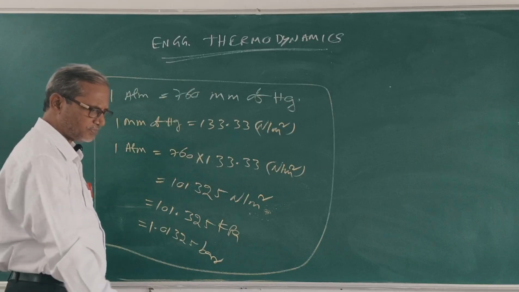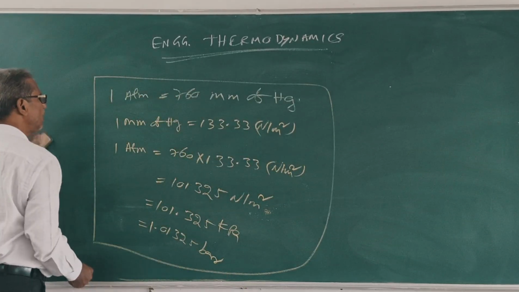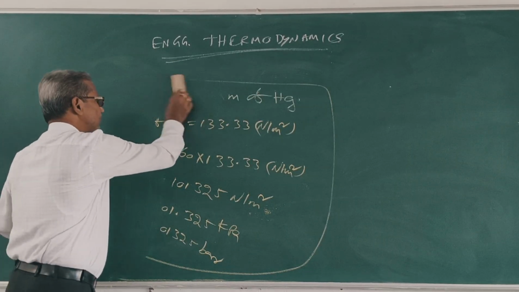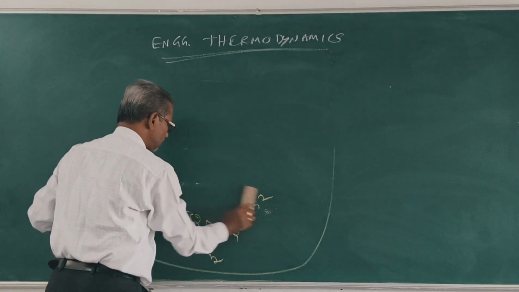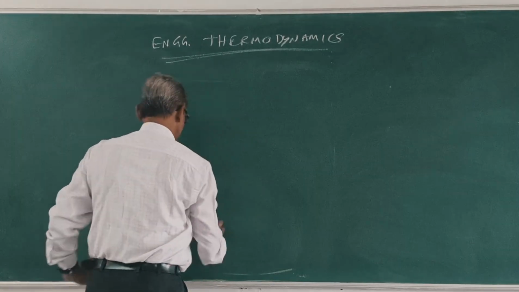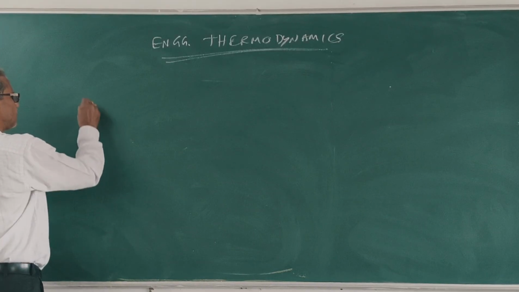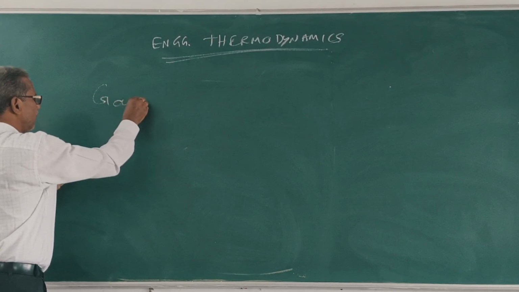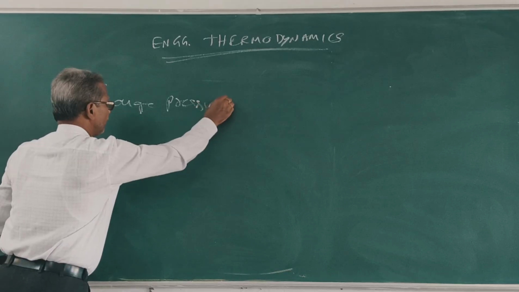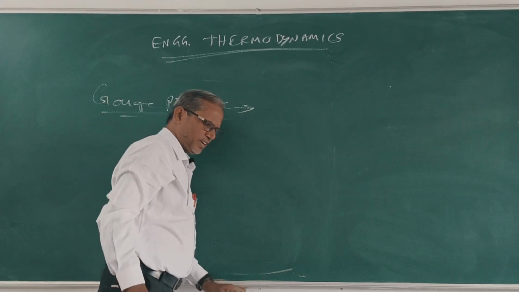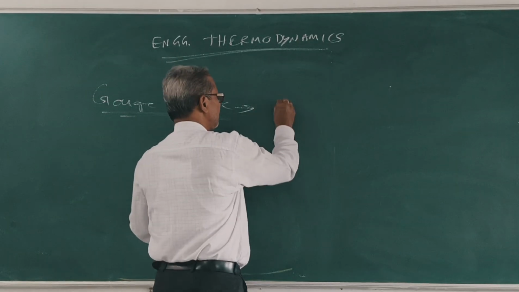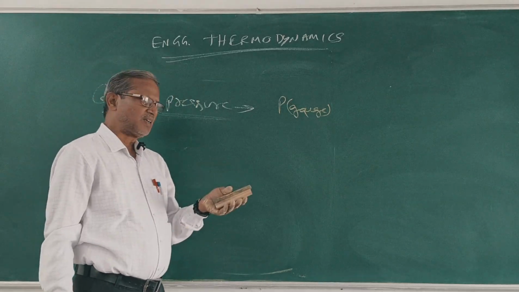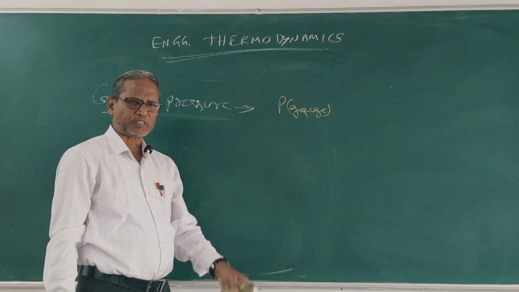Next, gauge pressure. P gauge. This is positive pressure which is exerted above the atmospheric pressure line.